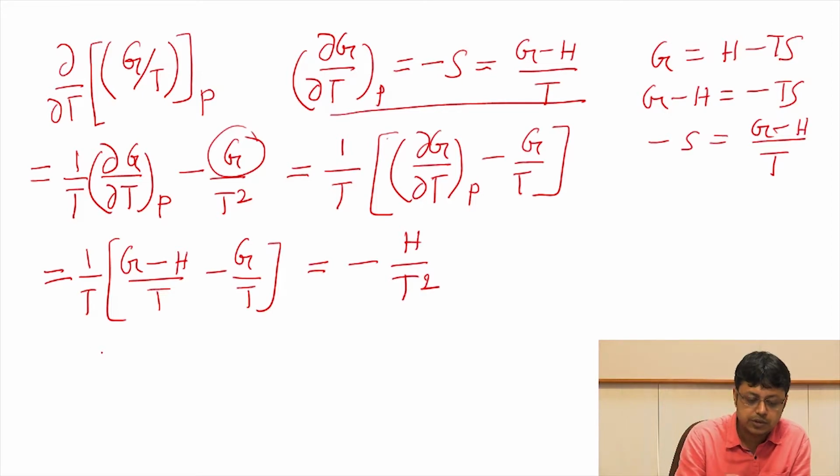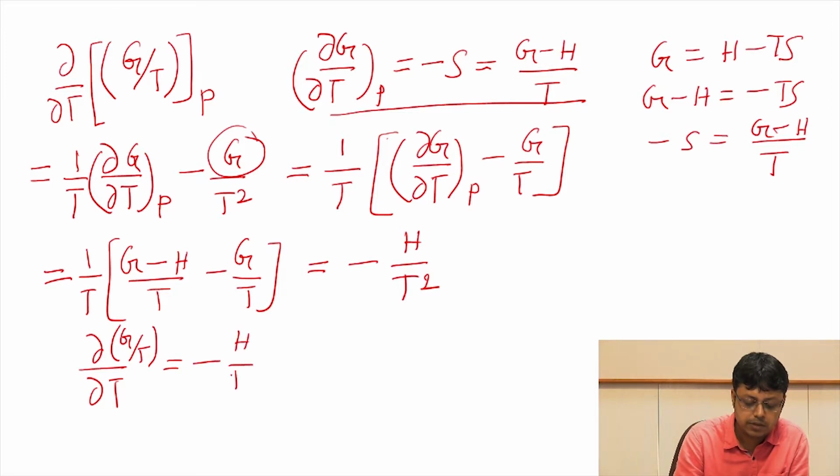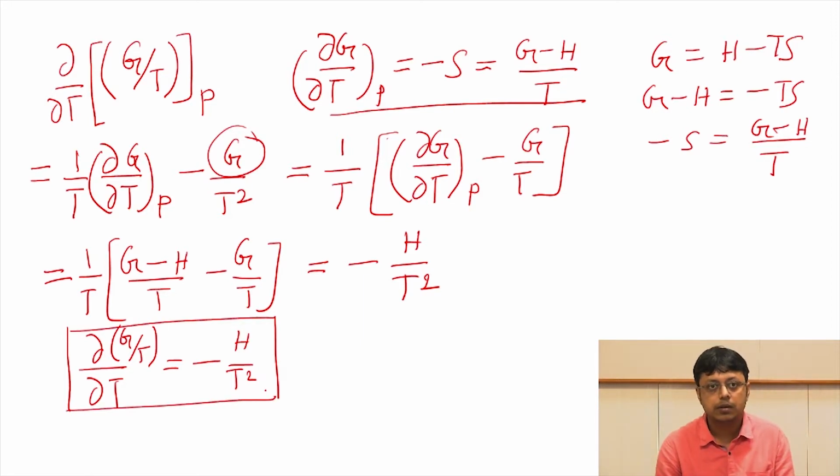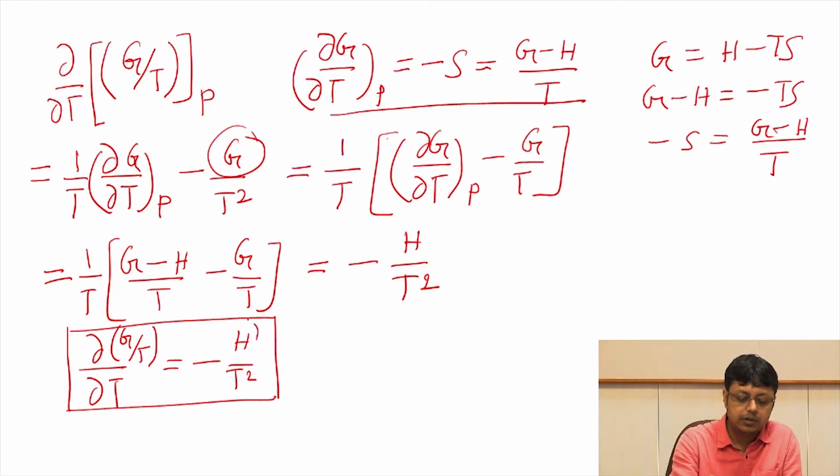So this equation, that del del T of G by T is minus H by T square, is a very, very important relationship, because here we see that we can directly measure the change in Gibbs free energy divided by temperature with respect to temperature and connect it to the enthalpy.